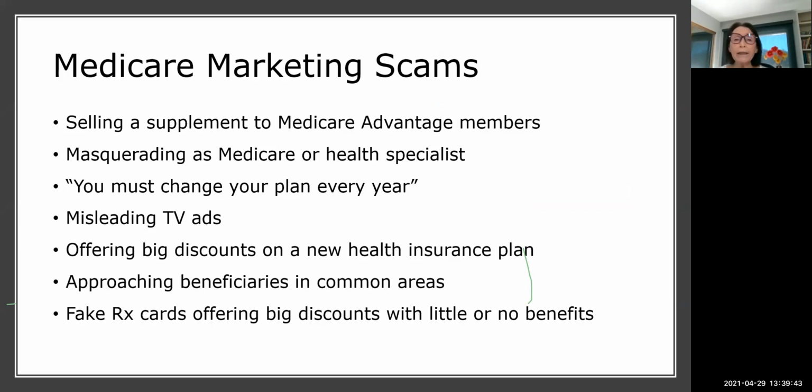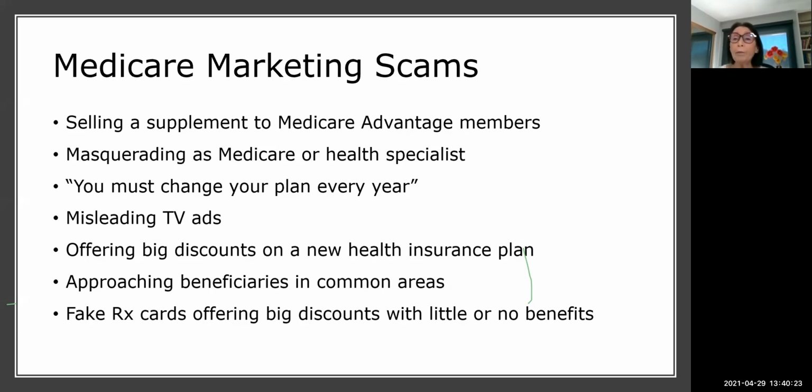We encounter this all the time: television commercials, newspaper ads, all about insurance agents trying to sell you a plan that may in fact not be the right plan for you. For example, we see insurance agents trying to sell you a Medicare supplement when in fact you have a Medicare Advantage HMO, and that's not allowed.